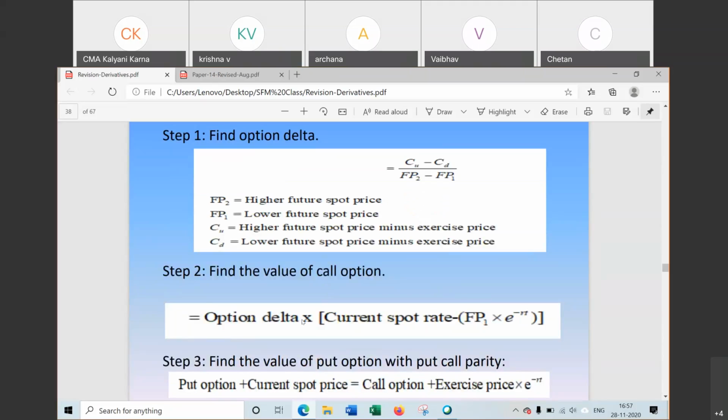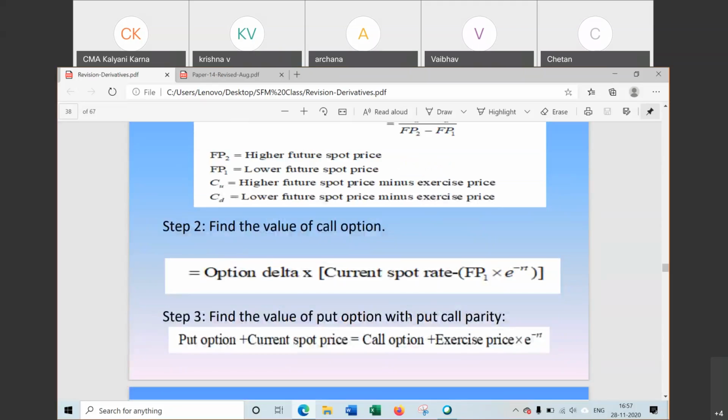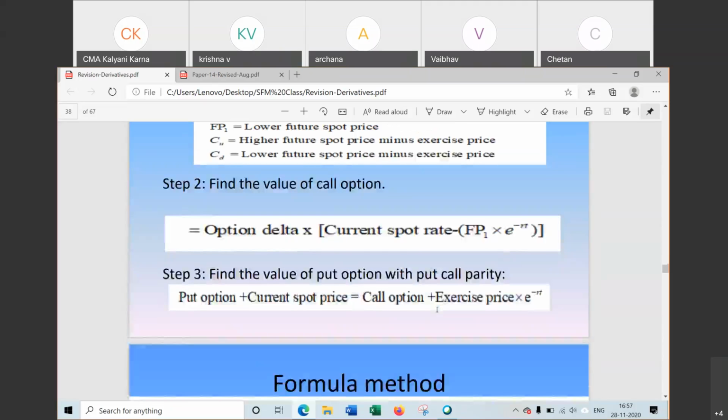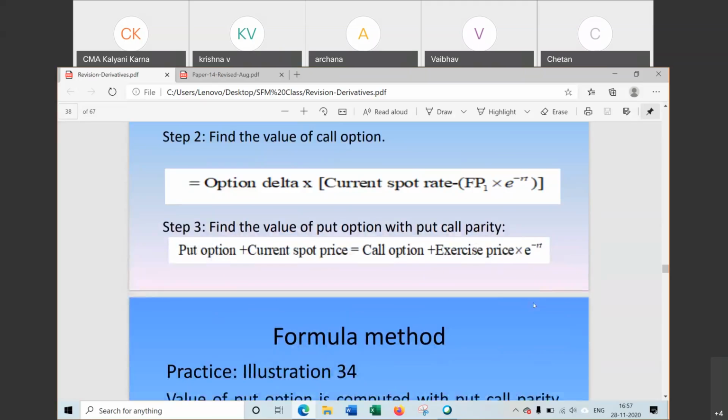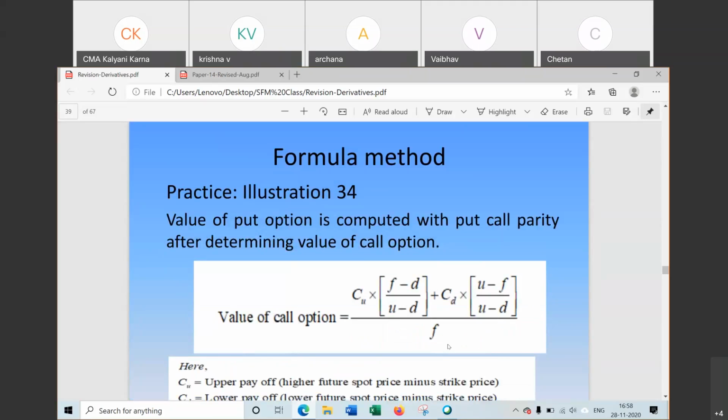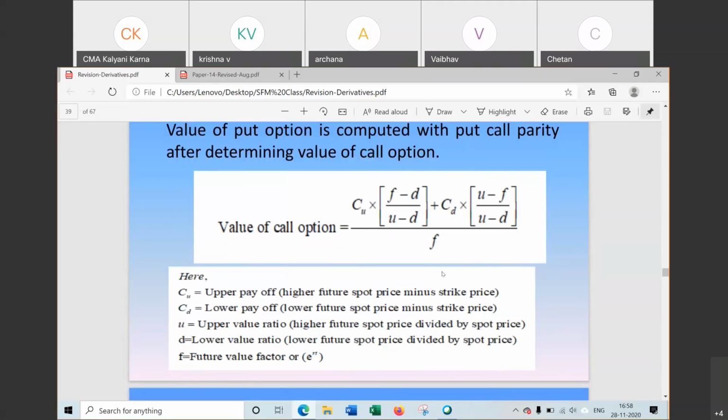So call option: delta into CMP minus FP1 into e to the power of minus RT. Now what is FP1? Lower future spot price. This one is put call parity, that is put option plus spot price is equal to call option plus EP into e to the power of minus RT. Formula method, this formula will be used.